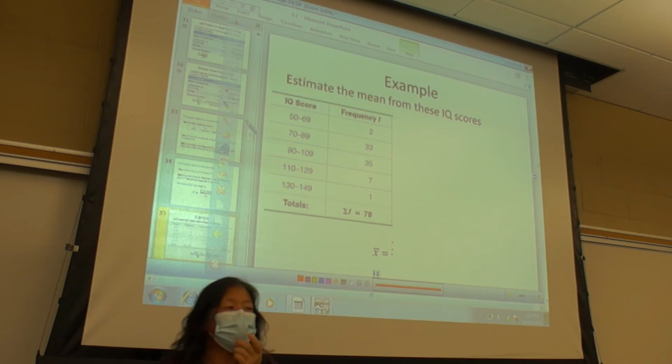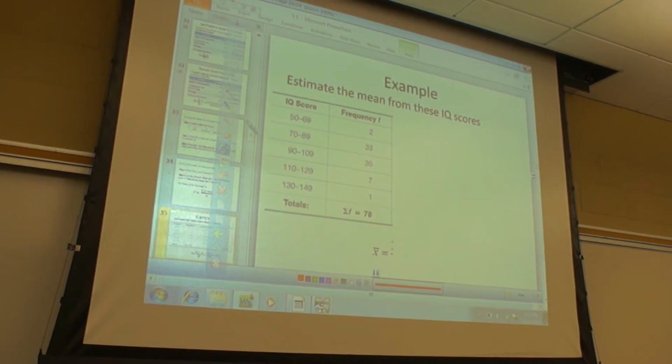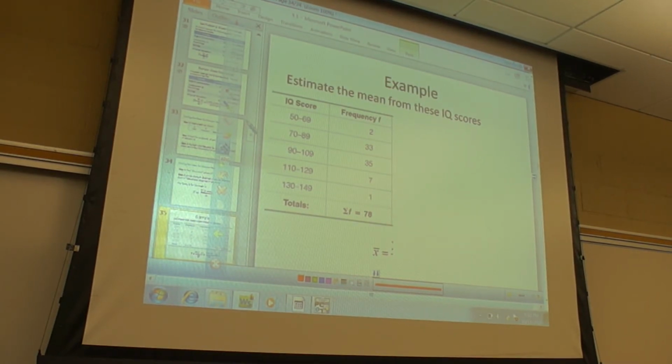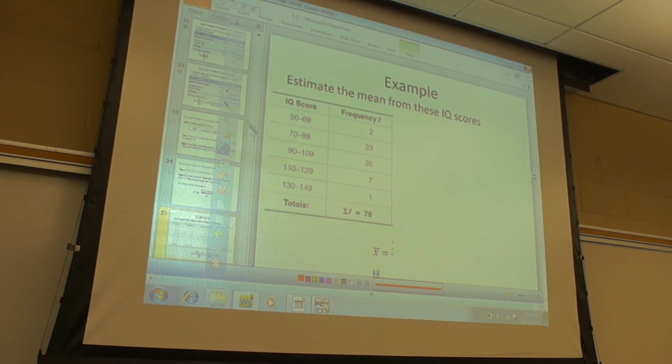Now, how many people have an IQ between 50 and 69? 2 people. So what should I use for those 2 people for a number? Should I use 50? Should I use 69? What should I use? Why the midpoint? That's the middle.